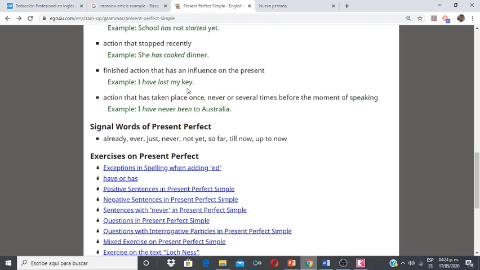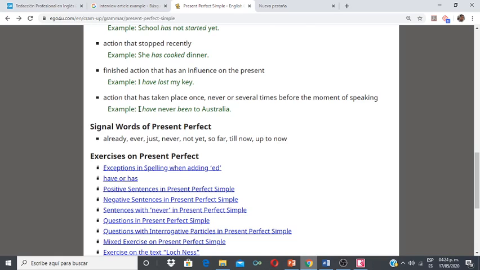Also, we use it to talk about an action that has taken place once, never, or several times before the moment of speaking. If I say that I have never done something in my life, it means that it's zero times. I have never been to Australia means zero times being in Australia. But you can use other expressions instead of never that indicate the frequency.